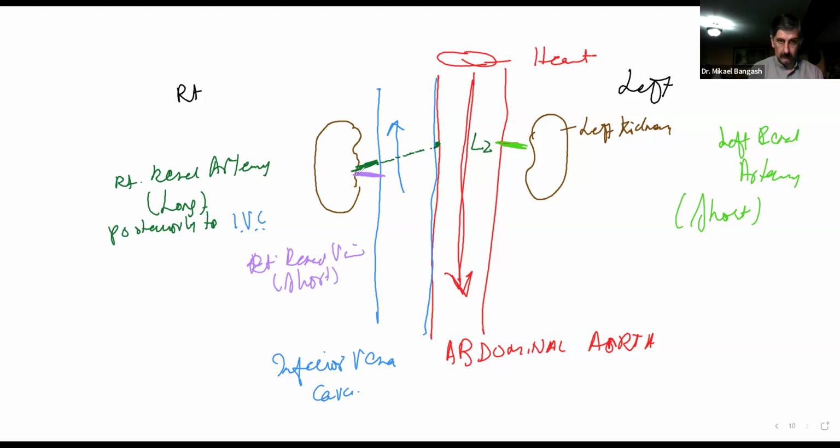Why? The inferior vena cava, into which it is going to drain blood, is right there next to it. Whereas the left renal vein is going to be long.